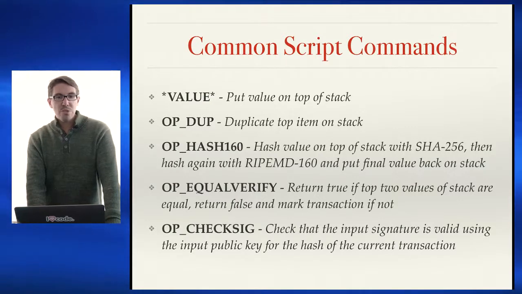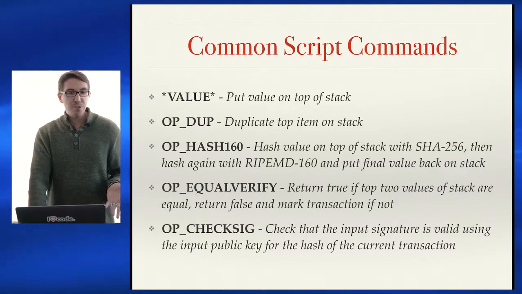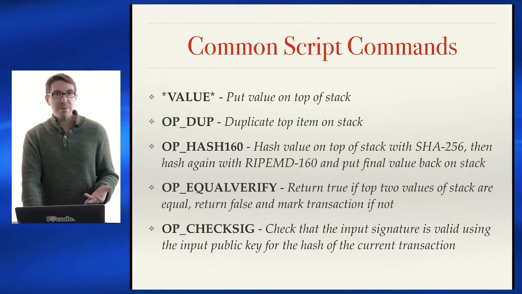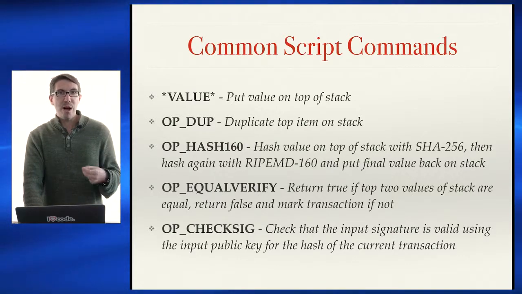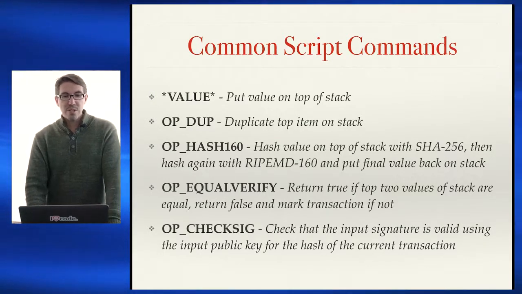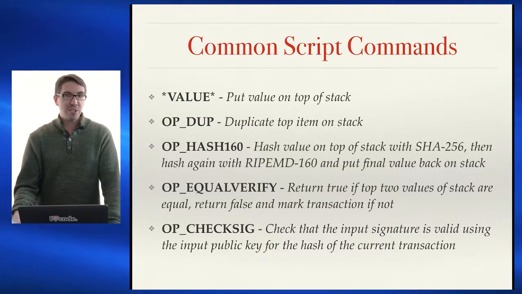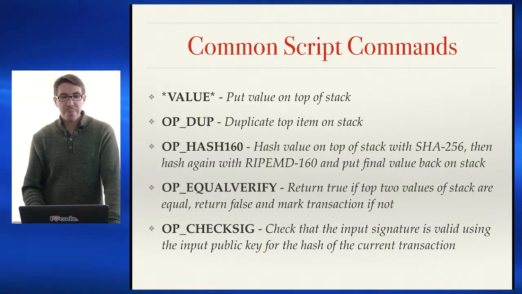So a few script commands: value, so just taking some value and putting it on the stack; op dupe, which will duplicate the top item on the stack. So if you have a stack with a 5, it'll pop the 5 off and then push 5 twice. Hash 160, which is going to be used quite often, will hash the value on top of the stack with SHA-256, then hash again with RIPEMD-160, and put the final value back on the stack.